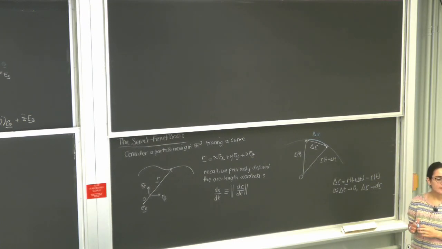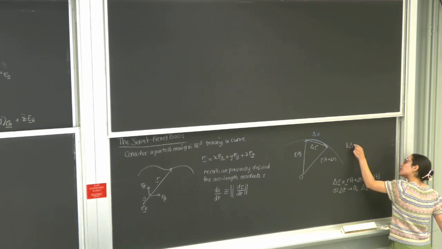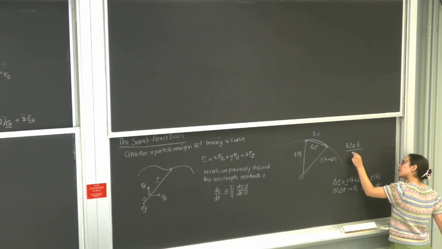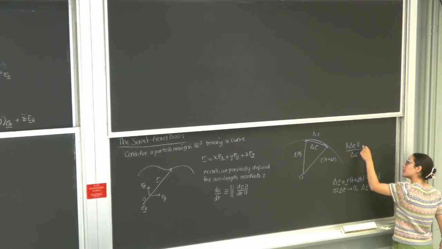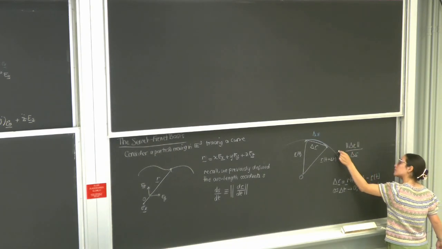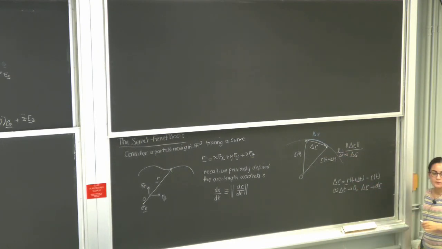Yes. It approaches 0. What about the ratio of the magnitude of delta r over delta s as t tends to 0?